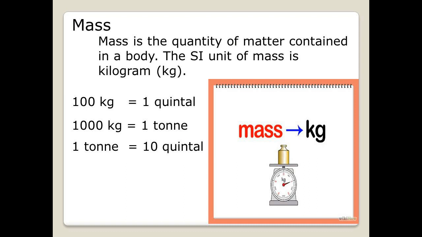So here 1000 kilogram is what we call 1 ton. Asking for 1 ton of sand instead of 1000 kilogram is much easier. And then 1 ton is equal to 10 quintal. Instead of saying 1 ton, we can say 10 quintal.